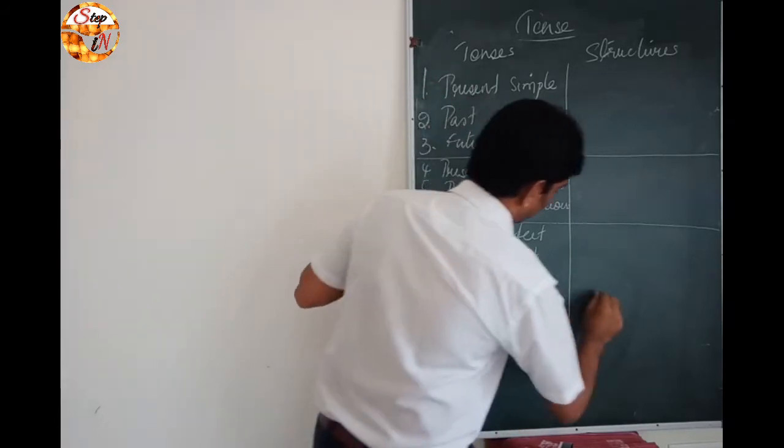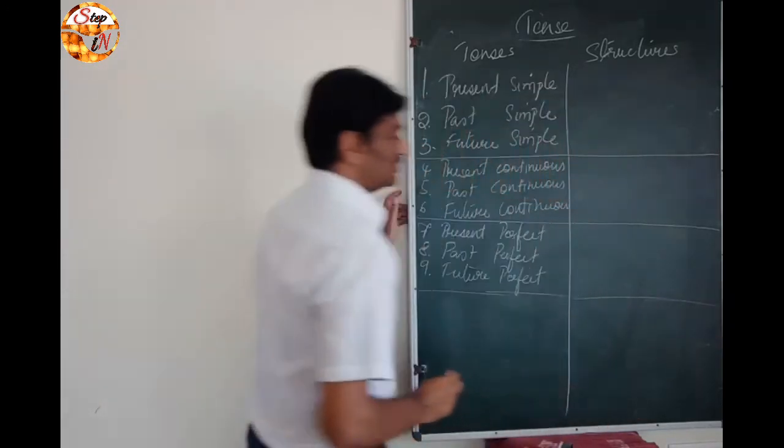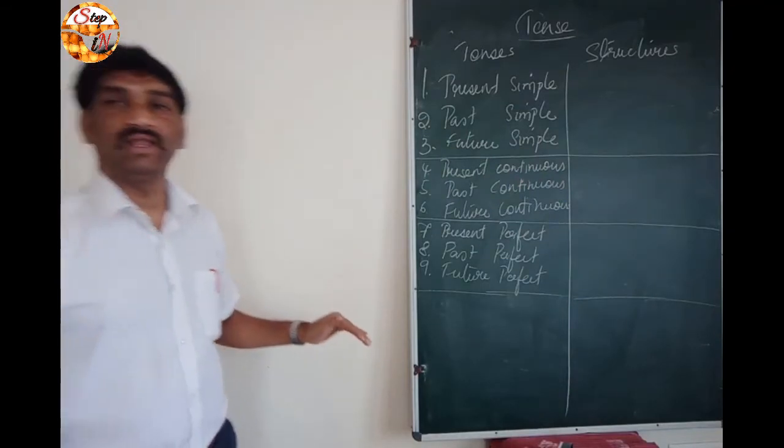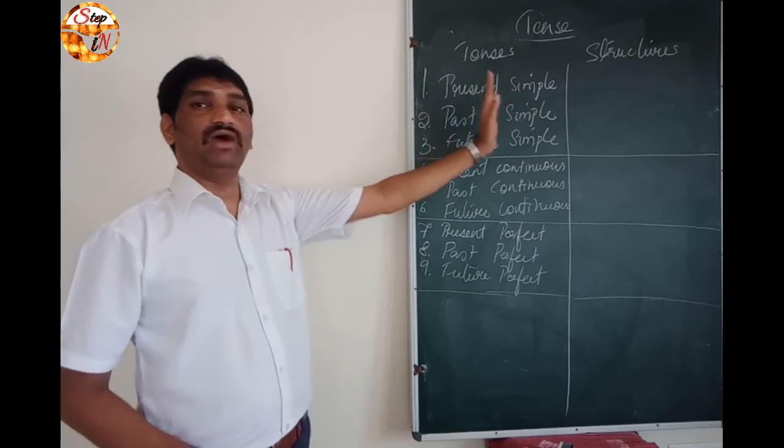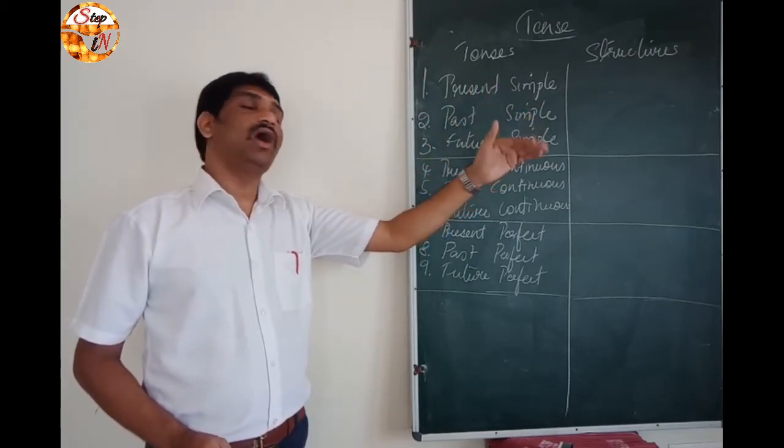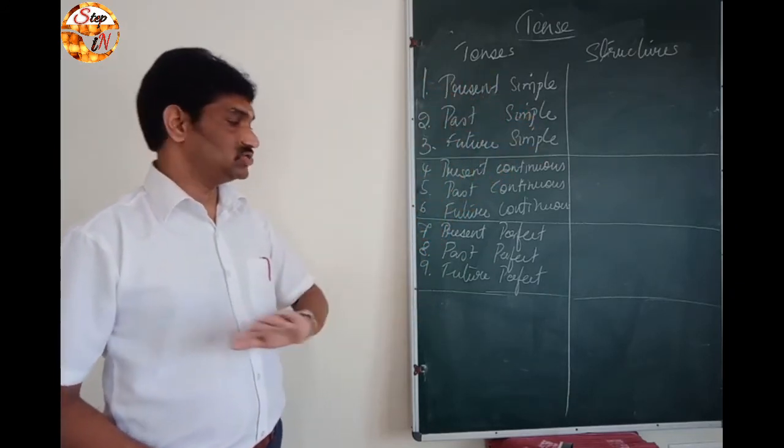So the first thing we have to remember is to list out the things properly in a systematic way. Either we can go like what we are writing right now with aspects, or we can go with the tense also. There is no problem.